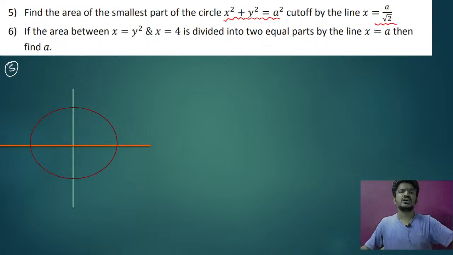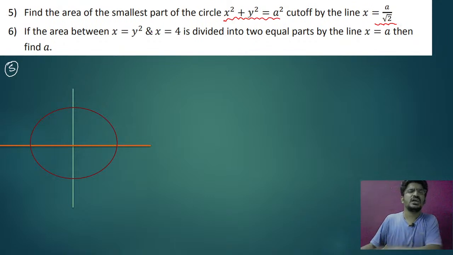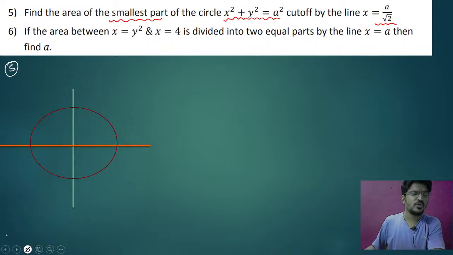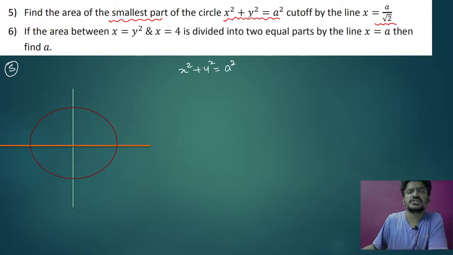They are asking to find the area of the smallest part. No problem. Here you have to find what the smallest part is. They have given x square plus y square equal to a square, so r is equal to a. That means this point is a comma 0.